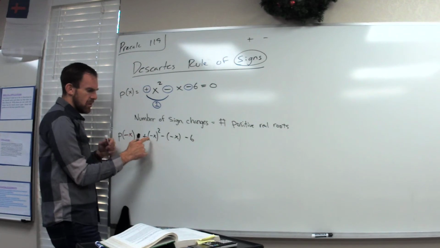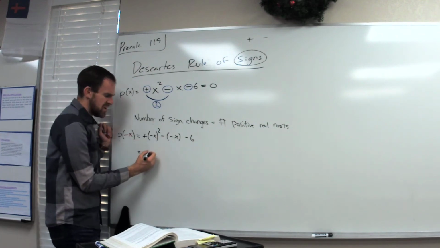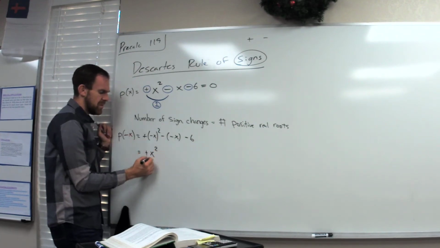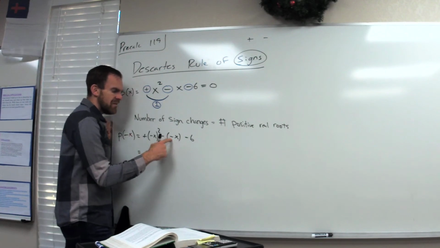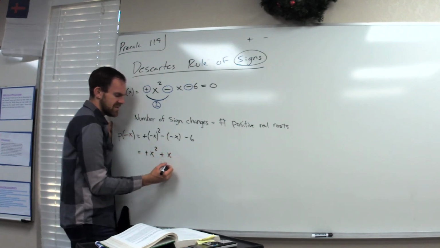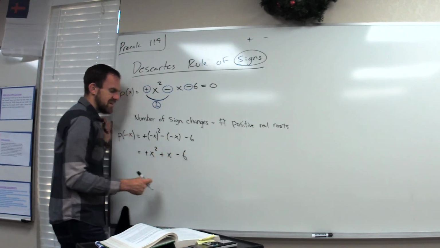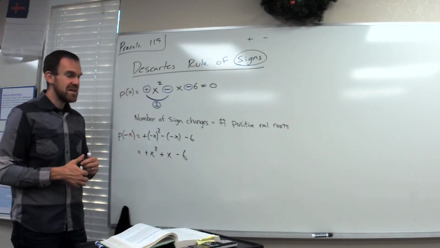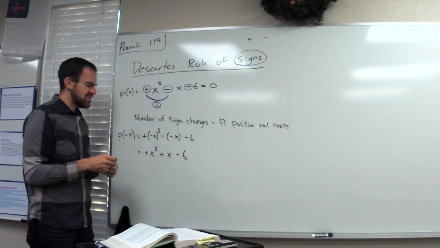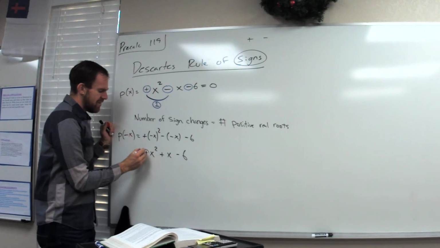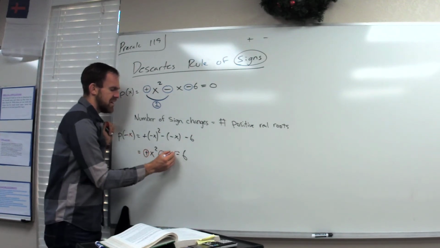A negative squared changes nothing. So this is still positive x squared. But now I have negative negative, which is plus x minus 6. So here I see that the sign on the x changed. Now I have positive, positive, and negative.